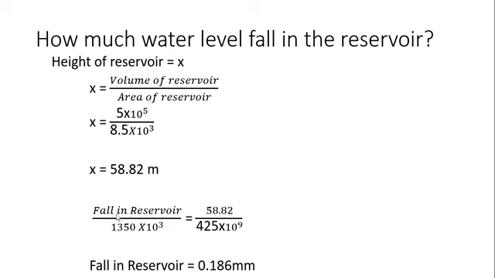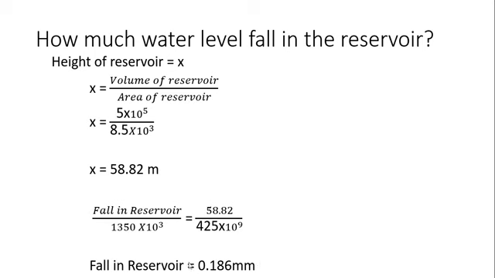So we need to find the fall in reservoir. Simply, we do cross multiplication with this value on both sides, and we get the answer 0.186 millimeter. What it is telling us is that if we consume this energy from the power plant, we will have a fall in reservoir of 0.186 millimeter.